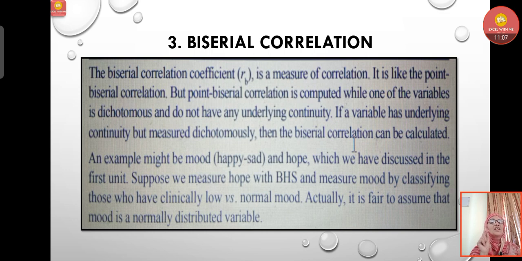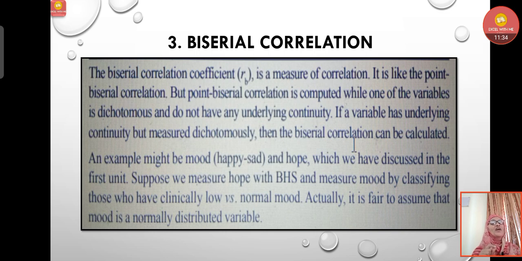If a variable has underlying continuity but is measured dichotomously, then the biserial correlation can be calculated. An example might be mood, that is happy or sad, and hope, which we have discussed in the first unit also. Suppose we measure hope with BHS and measure mood by classifying those who have clinically low versus normal mood.